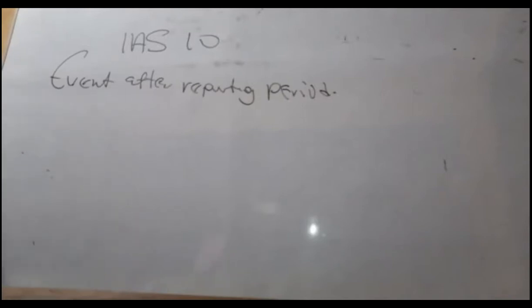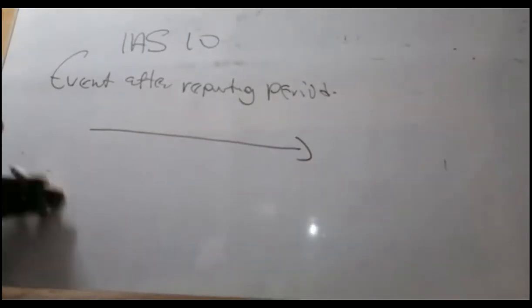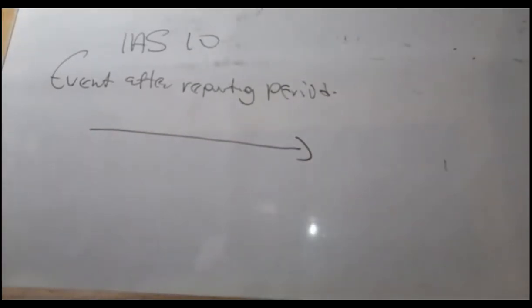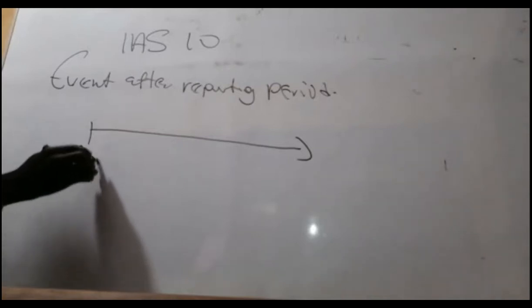Now, let's see the game. IAS 10. Let us say that your financial year ends in December. Let's pick 2019. So for 2019, your financial statement starts at January. Where will it end?